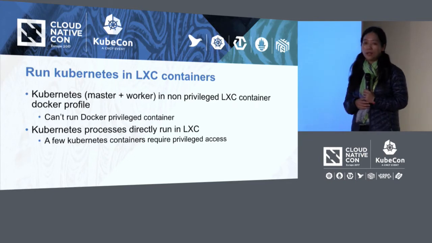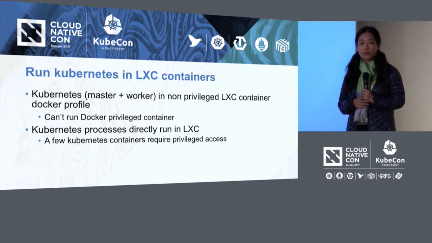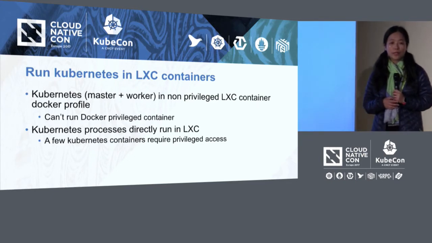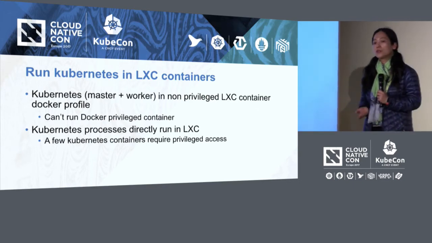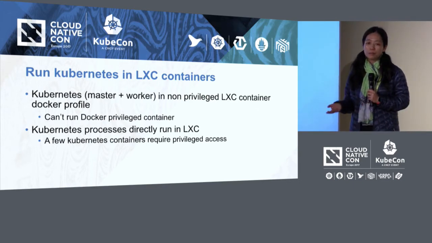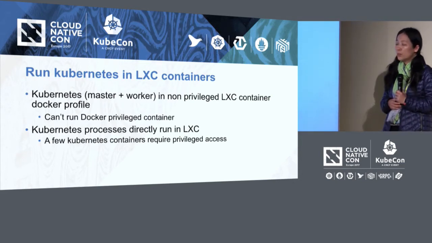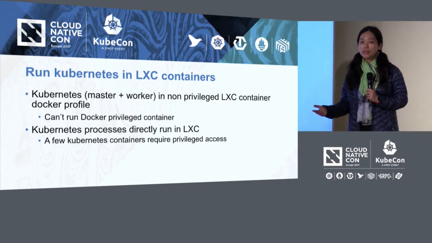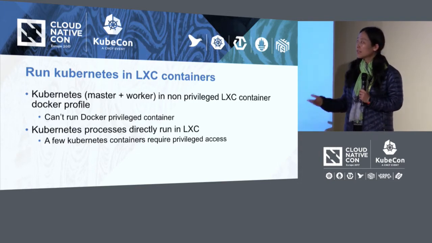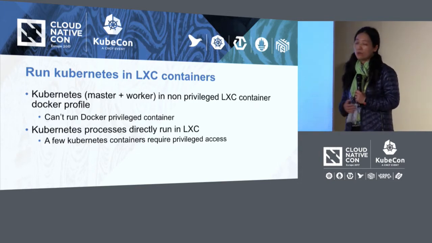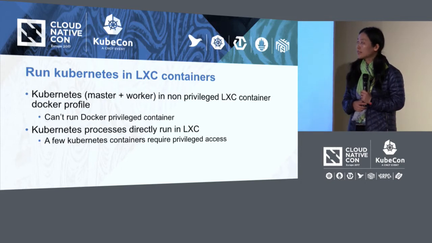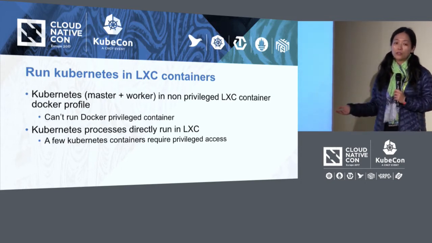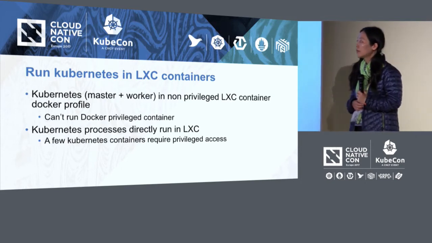One thing we quickly discovered, though, is that when you run non-privileged LXC containers, we had a lot of issues running Docker in privileged mode. As I was mentioning earlier, the Kubernetes workers and the kube proxy require privileged mode, and Flannel also requires privileged mode. So instead of running Kubernetes the traditional way, as Docker containers, we decided to run the kube processes such as the kubelet and the kube proxy directly on the LXC.